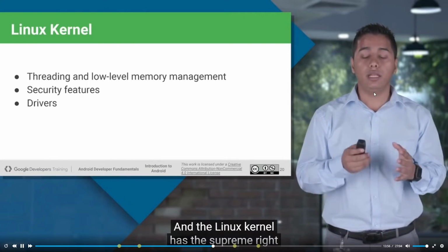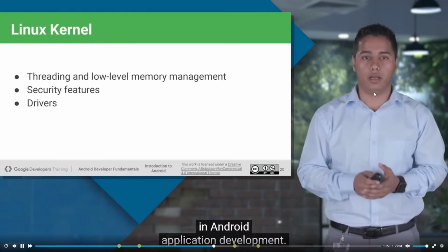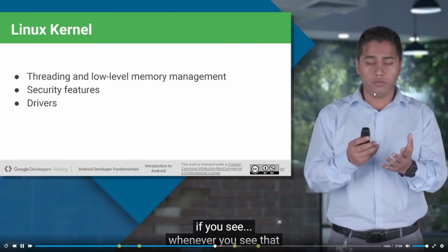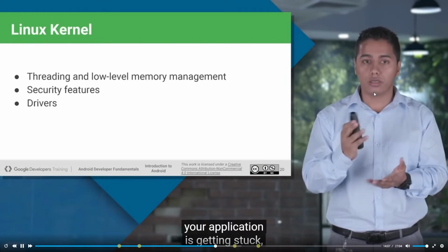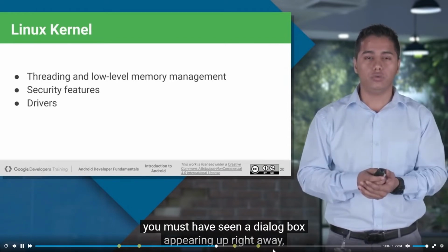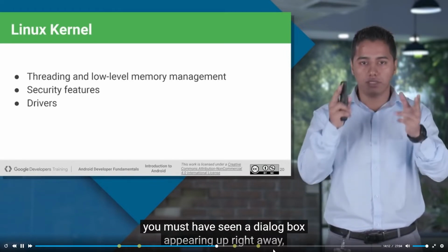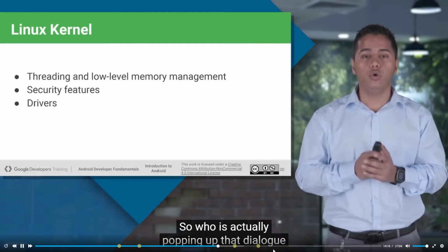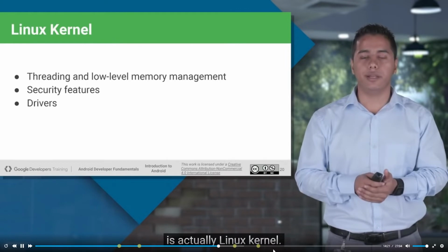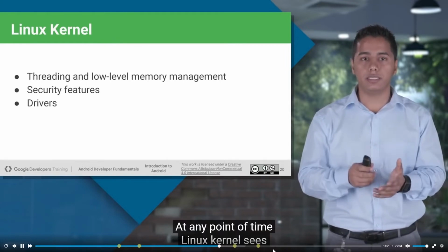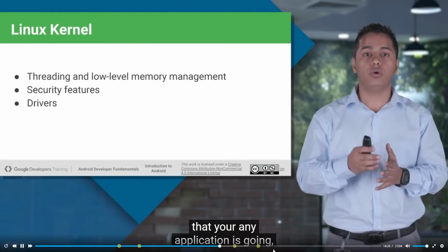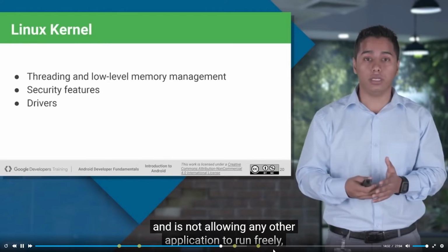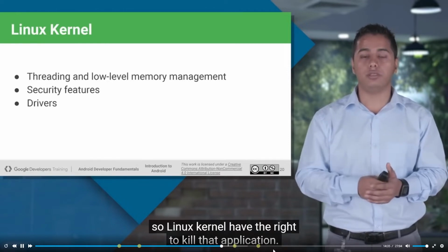The Linux kernel has the supreme right in Android application development. For example, whenever your application is getting stuck or not responding, you must have seen a dialog box appearing right away saying application not responding. Who is actually popping up that dialog box is the Linux kernel. If at any point of time the Linux kernel sees that an application is taking too many resources and is not allowing any other application to run freely, it has the right to kill that application.